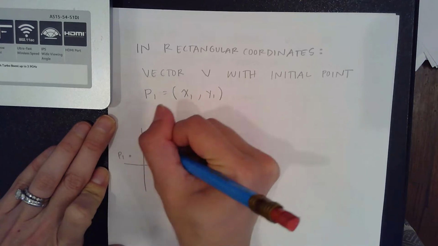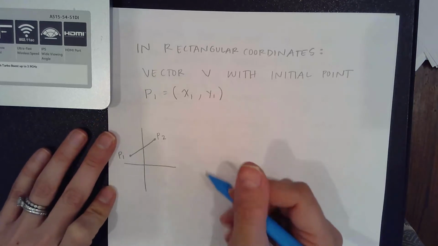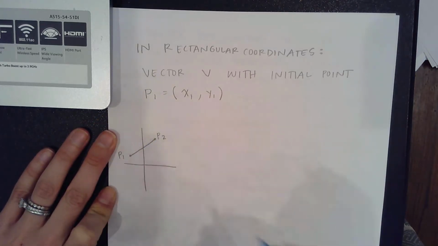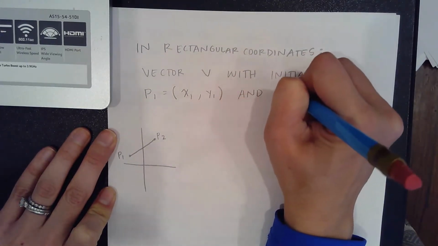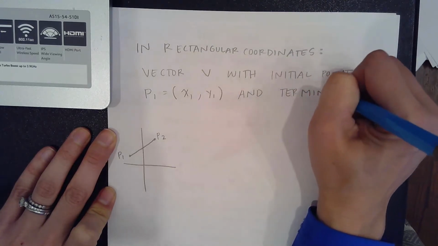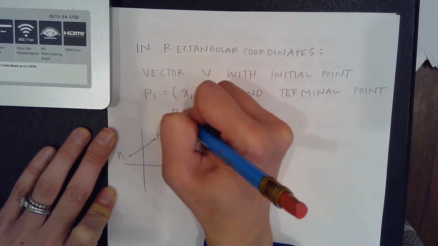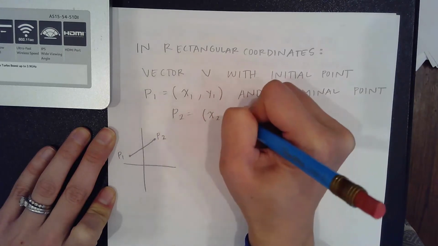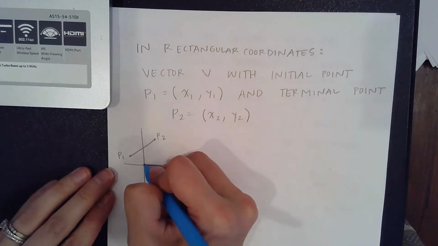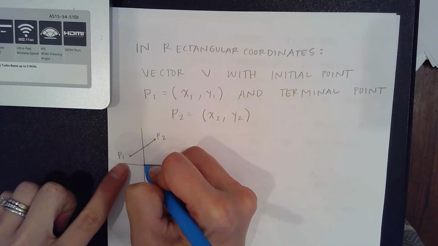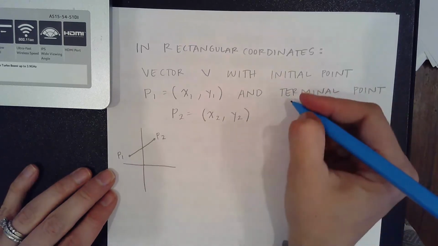Let's just call this P1, and let's just call this one P2. So we're looking at a vector that's not in standard form, so how do you determine it? And a terminal point at P2, so that means that you've got an x2 and a y2. Very similar to if it was starting out at the origin, so your origin here would be P1, and your terminal point would be P2 here. Okay, so it's basically the same thing.